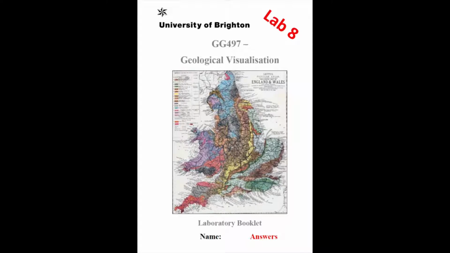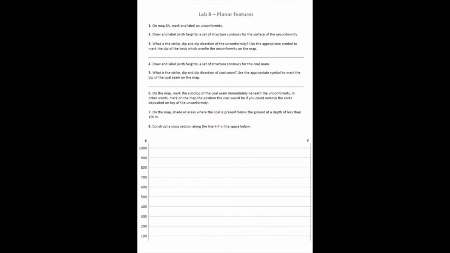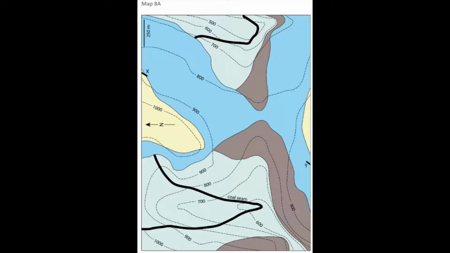In this lab we're going to have two separate structural contour exercises about unconformities and faults. The first lab asks you to use map 8A, answer a set of questions, and draw a schematic cross-section based on this map, which shows an unconformable surface between two packages of sediments.